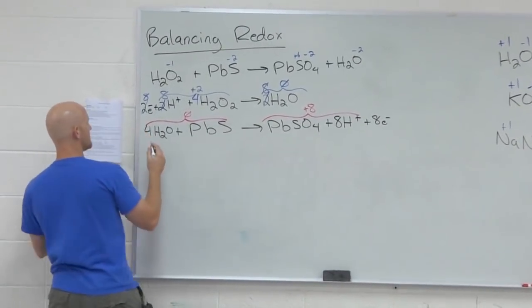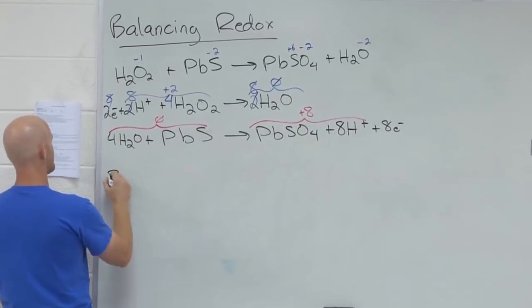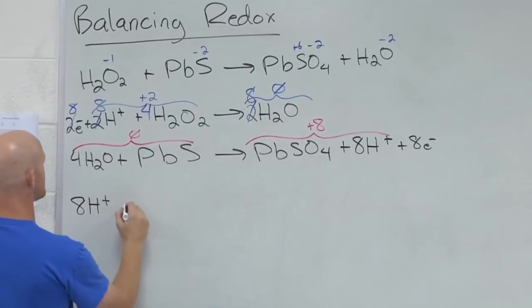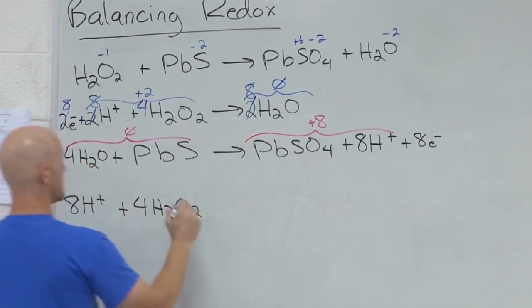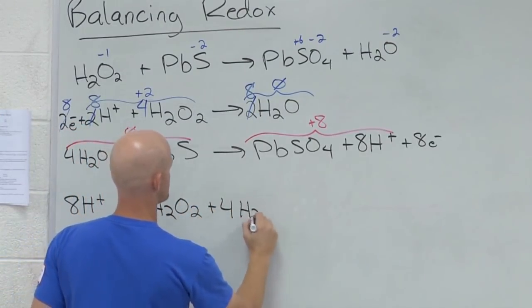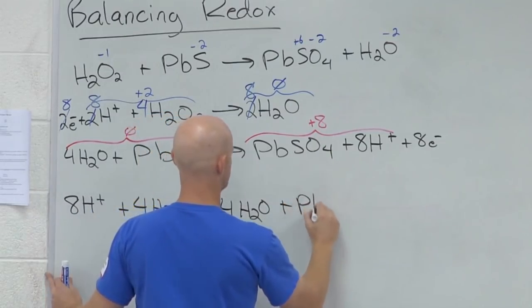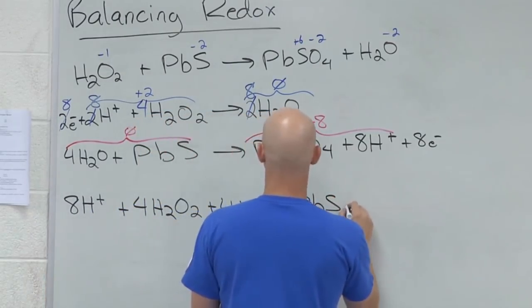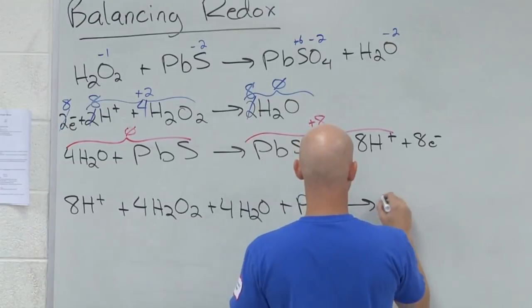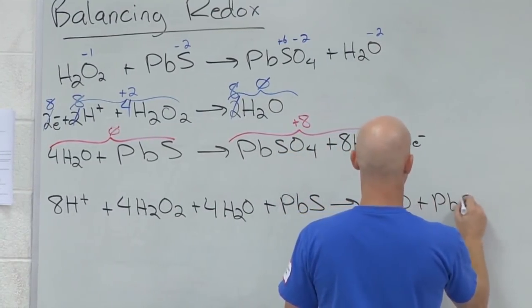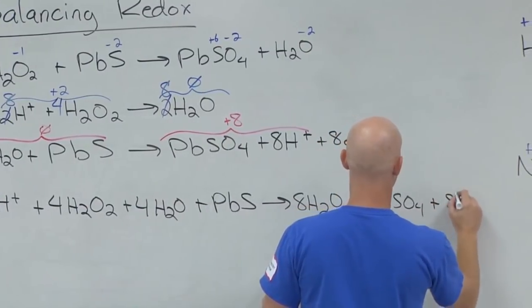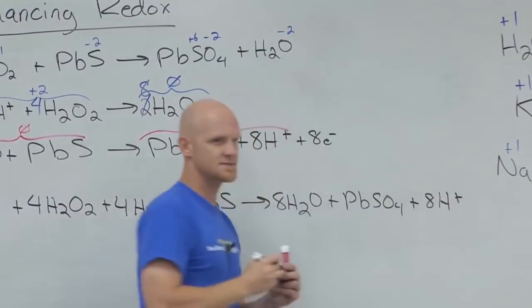So putting it all together, we're going to have 8 H plus, 4 H2O2, plus 4 waters, plus PbS forms 8 waters plus PbSO4 plus 8 H plus.